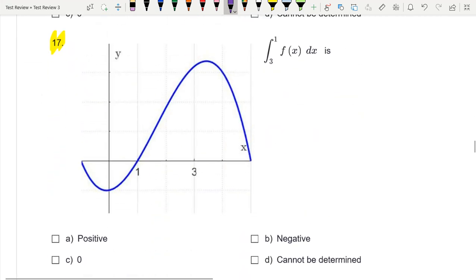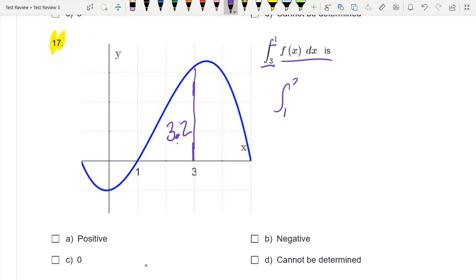Number 17, we're integrating from 3 to 1 of f of x dx. So we're going from 3 to 1, and this area right here is going to be some positive number. 1, 2, 3 and some change. We'll call it like 3.2. I just made up a number. That's what that area is, but I don't like that lower bound on bottom.